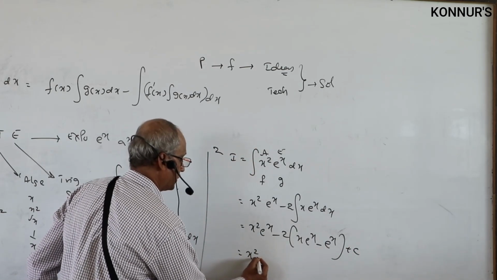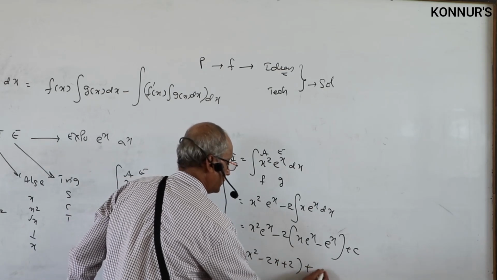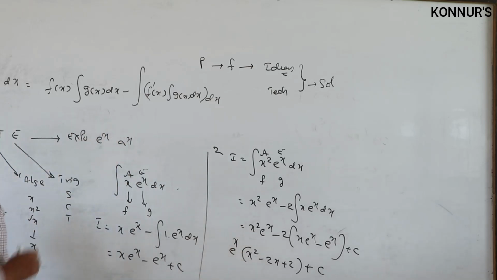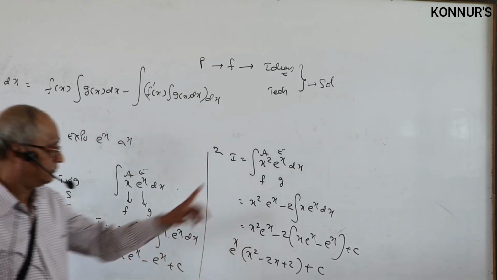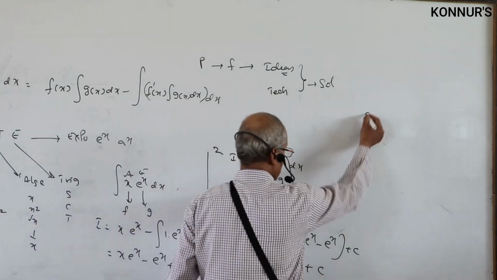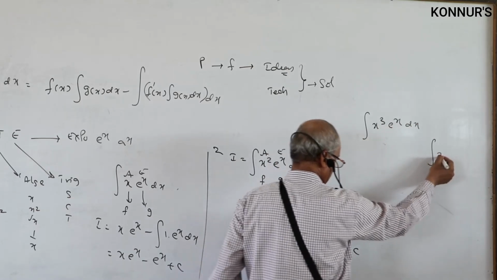So x square minus 2x plus 2, e power x is common. This is the answer. So when there is x square, you do it 2 times. When there is x cube, how many times by parts? 3 times. If it is x power 4, 4 times.